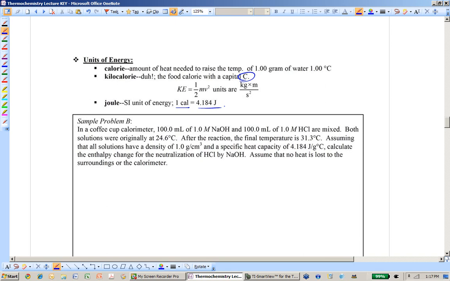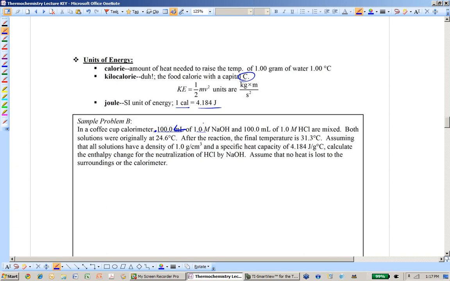All right, in a coffee cup calorimeter, 100 milliliters of 1 molar sodium hydroxide. I've been begging you and begging you, if you've listened to any previous recordings, to embrace the fact that molarity times volume is moles. So if I have 100 milliliters of 1 molar, that's 0.1 liters of 1 molar.